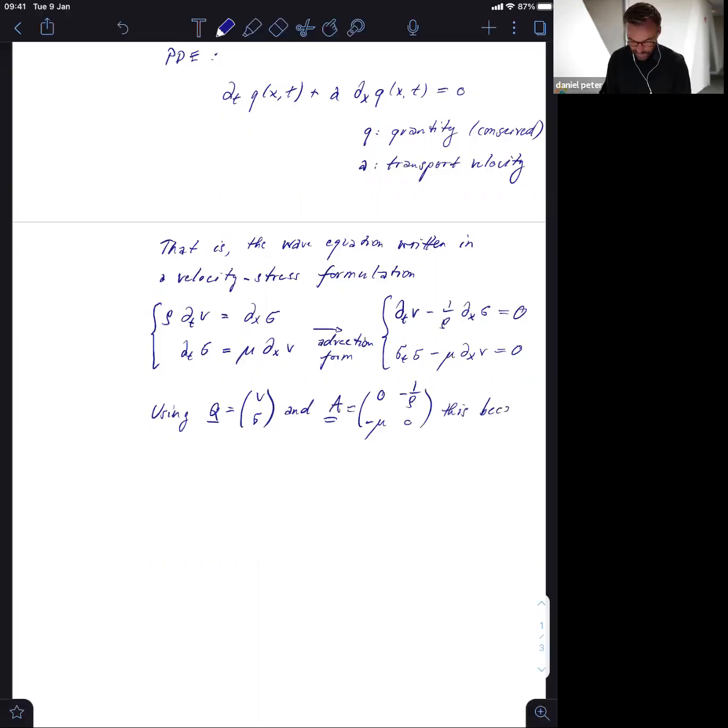Then the above system becomes simply the following equation, where we have the time derivative of Q plus A times the derivative with respect to space of Q is equal to 0.